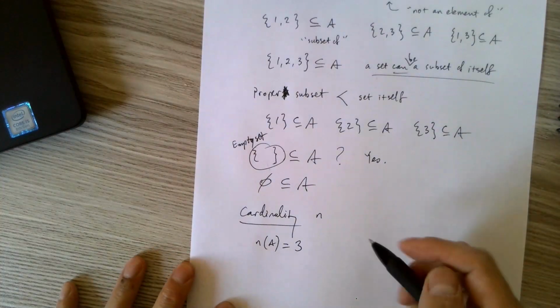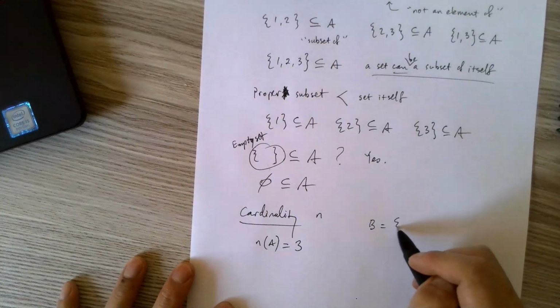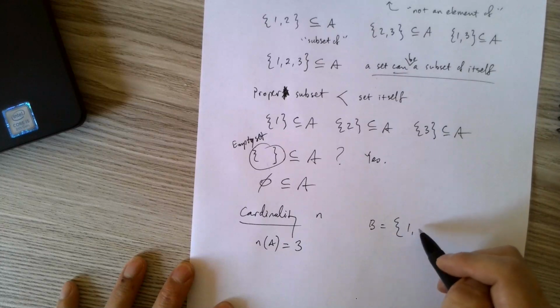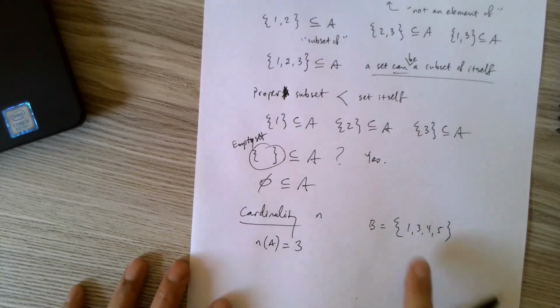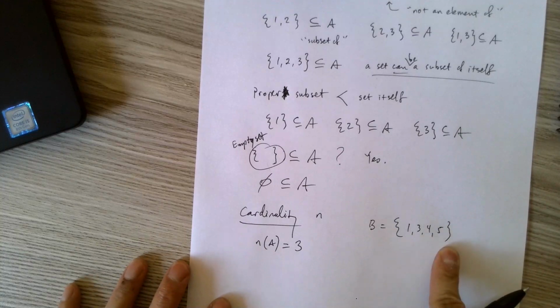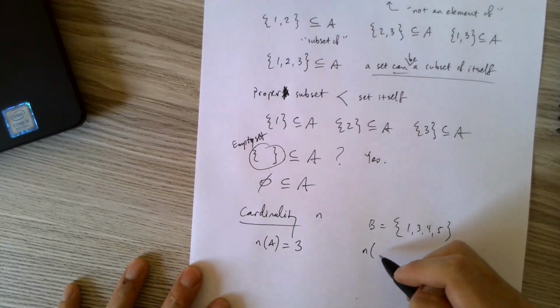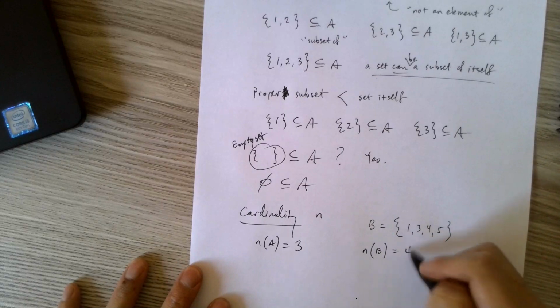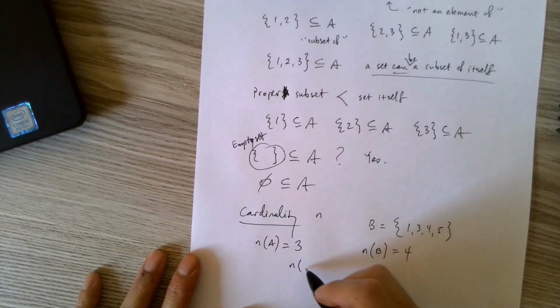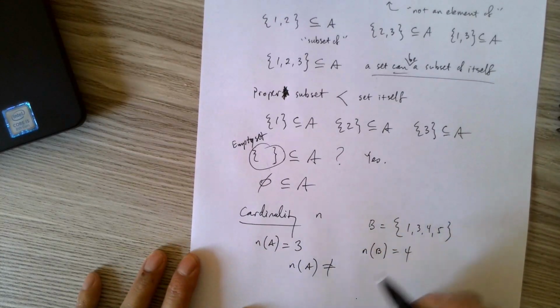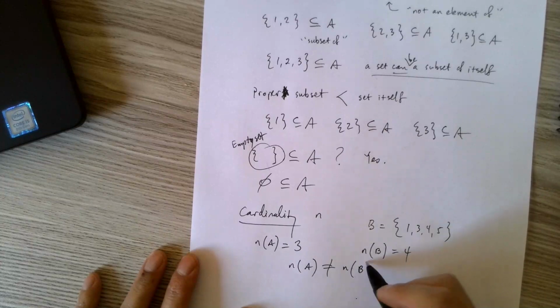Okay, I'm going to create another set. Let's make it 1, 3, 4, 5. This set obviously has 4 elements, so the cardinality of B is 4. It has one more element than set A, which means the cardinality of A is not equal to the cardinality of B, right?